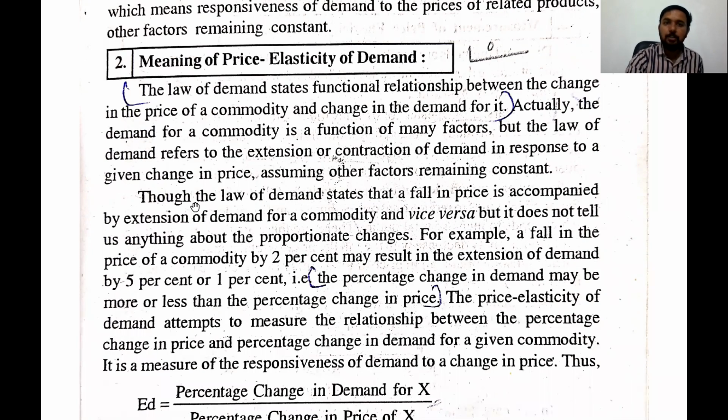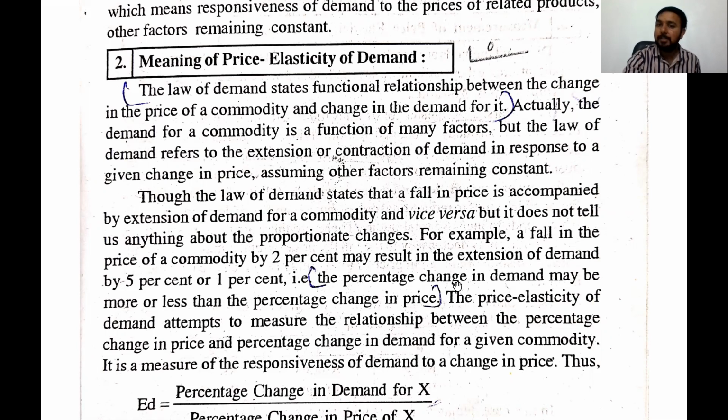We will see, though the law of demand states that a fall in price is accompanied by an extension of demand for a commodity and vice versa, it does not tell us anything about the proportionate changes. For example, a fall in the price of a commodity by 2% may result in the extension of demand by 5% or 1%.